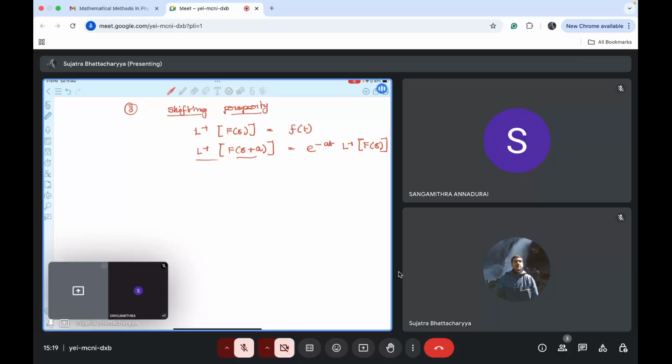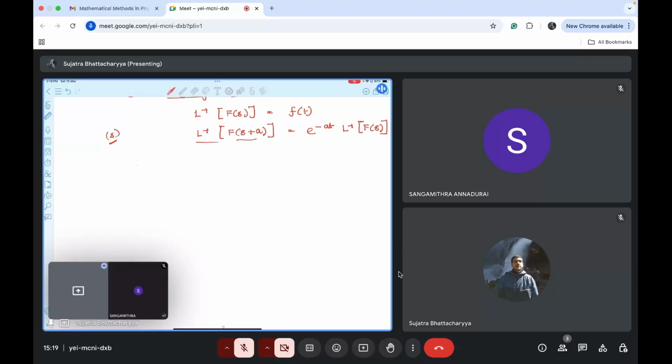So anyway, I will give a question definitely. So if you see that something is added to s, because here we are talking about the inverse Laplace transform, so for inverse Laplace transform, your function will be only in s. So whenever you see some constant being added or subtracted from s, then you can use this kind of a shifting property.